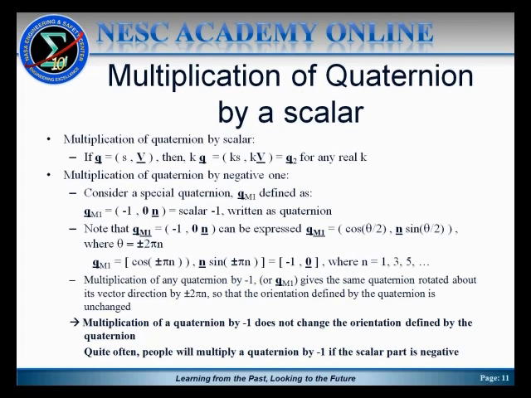And quite often people will use that fact to adjust a quaternion calculation after the fact if the scalar element is -1. Just as a matter of course, a lot of times in applications, if some equation is calculating a quaternion from some relationship that we'll describe later in this presentation, also in part 2, one of the first things you do after you compute the quaternion is you look at the scalar part, and if it's a negative number, you would negate the entire quaternion, all 4 elements.